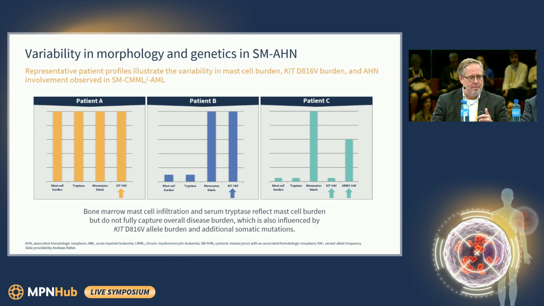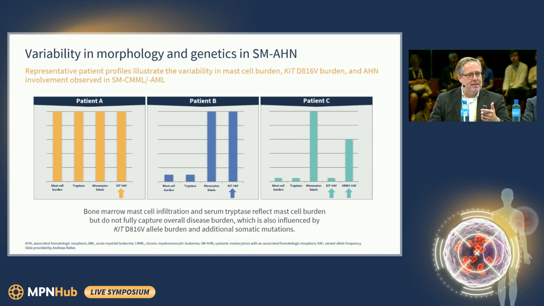So now in patient number B, for example, we have low mast cell burden, low tryptase, but again a high monocyte count. And then, surprisingly, we find a high allele burden in peripheral blood. This is also SM-AHN. But in this case, the KIT D816V allele burden is higher in the AHN.